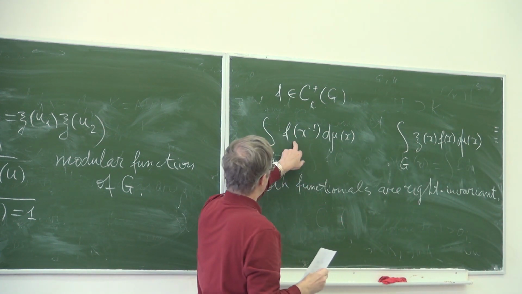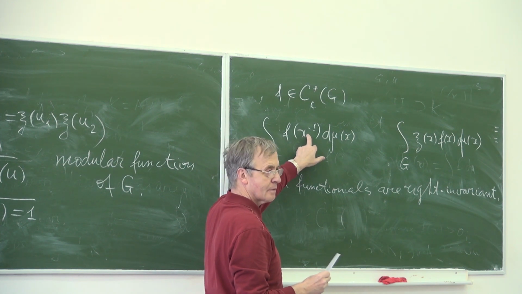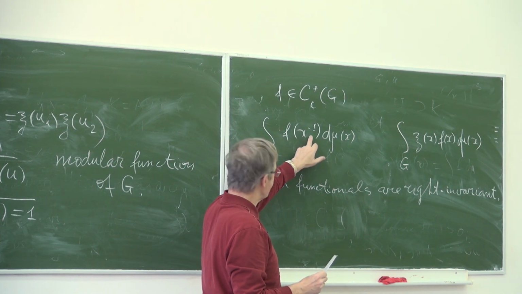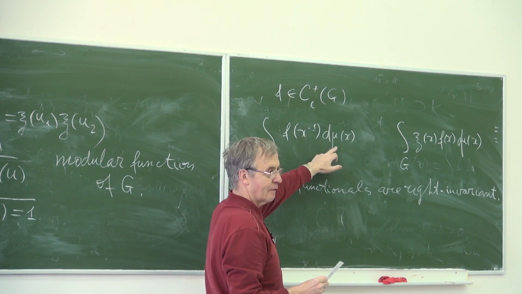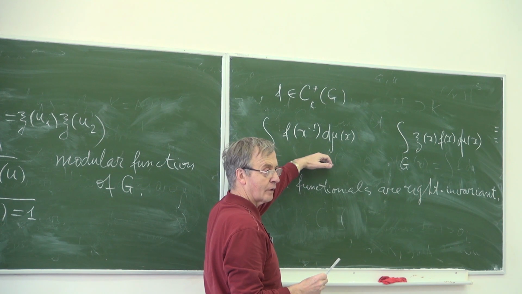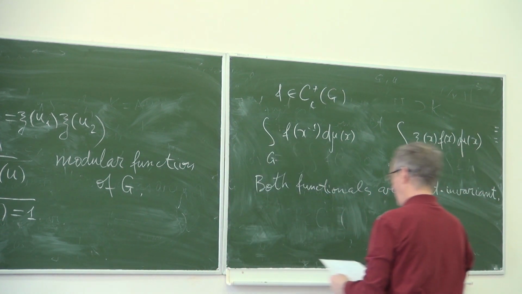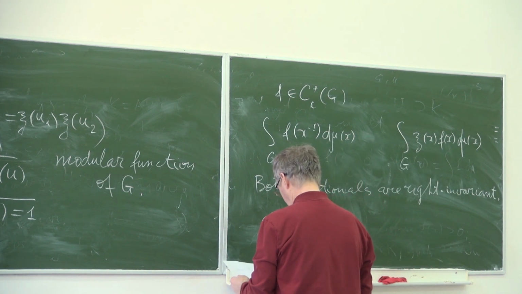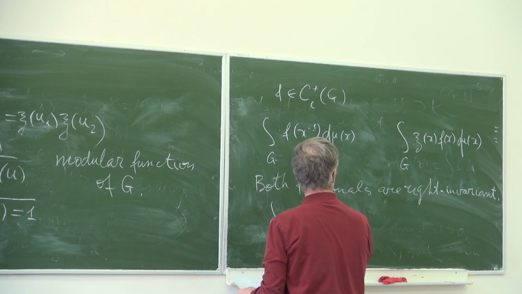Well, for this, if we multiply x from the right by something, then this something after inversion goes to the left, and we just use the left invariance of mu to see that this is right invariant. And for this, we apply this to a right shift of f.